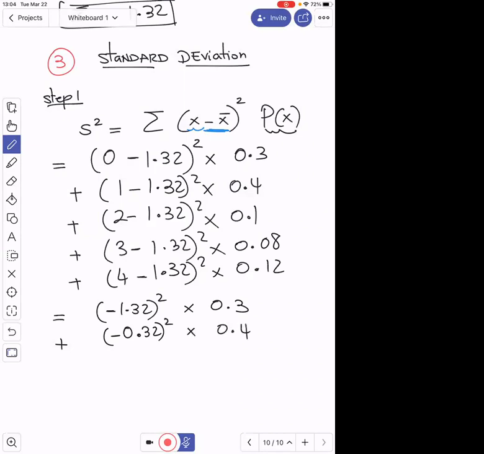So as I said again, guys, the negative here is going to be positive because of the square. Okay, the next step, everything is going to be positive.